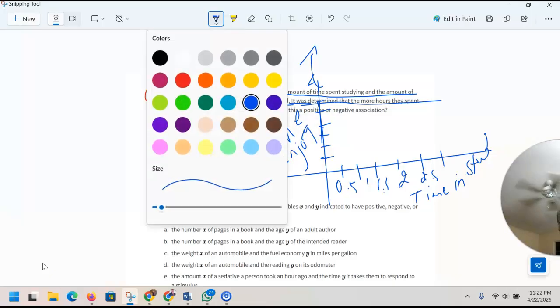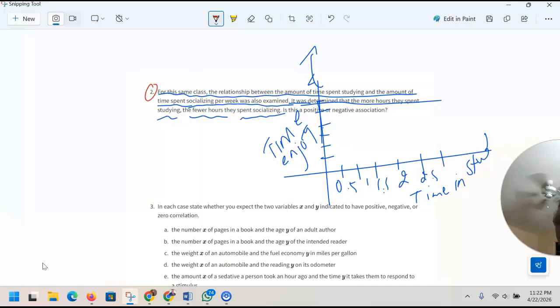That means there is a negative correlation. The less time spent studying means maybe more time was spent socializing, so the points will go down like this. This is called negative correlation here. The more time you spend studying, the less time you spend socializing.